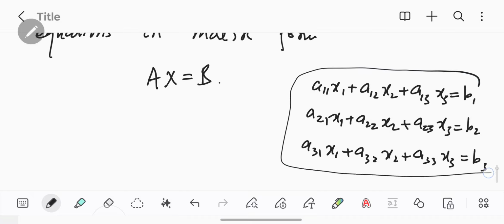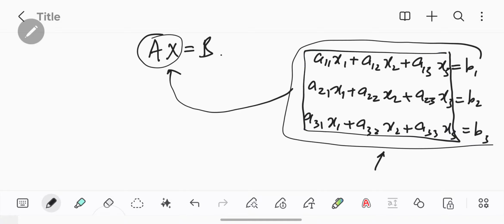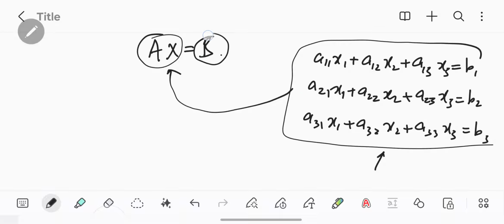If this is the system of linear equations, then this system can be written as the product of matrices equal to a constant matrix. So this product of matrices corresponds to this system, and this constant matrix corresponds to this column matrix.